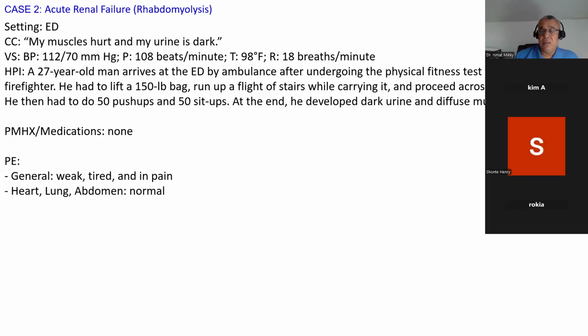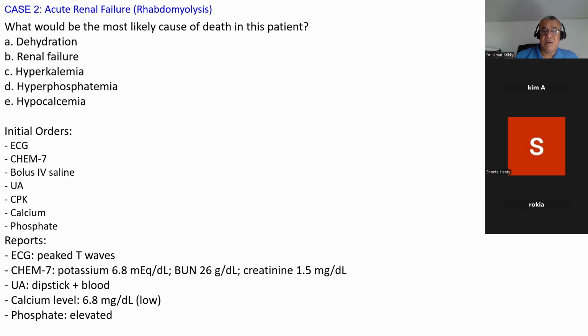The dark urine color is from the release of myoglobin in the urine that changes the color of the urine, and then the muscle pain. That's also another sign of rhabdomyolysis and the muscular dysfunction or destruction of the muscles.